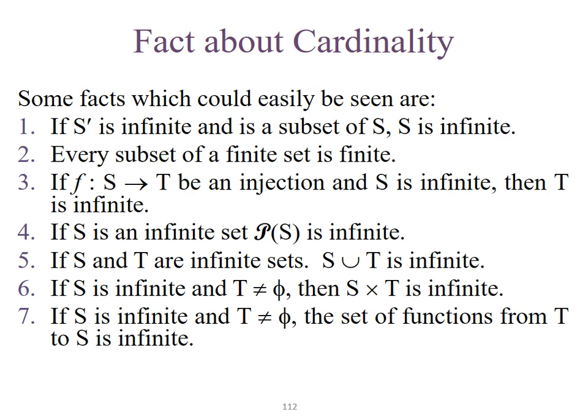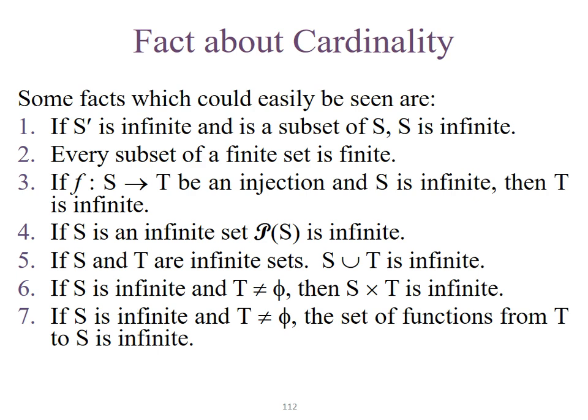Alright, so let's go back to property 6. If S is infinite and T is not the empty set, then the Cartesian product S×T is infinite. You can follow this definition: the element A is extracted from an infinite set S and B from a non-empty set T, then the Cartesian product will be infinite, right? Because when you extract all the pairs, the number is infinite.